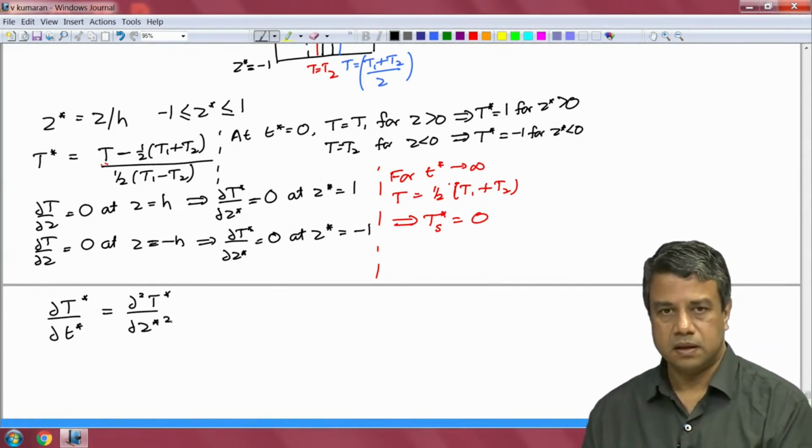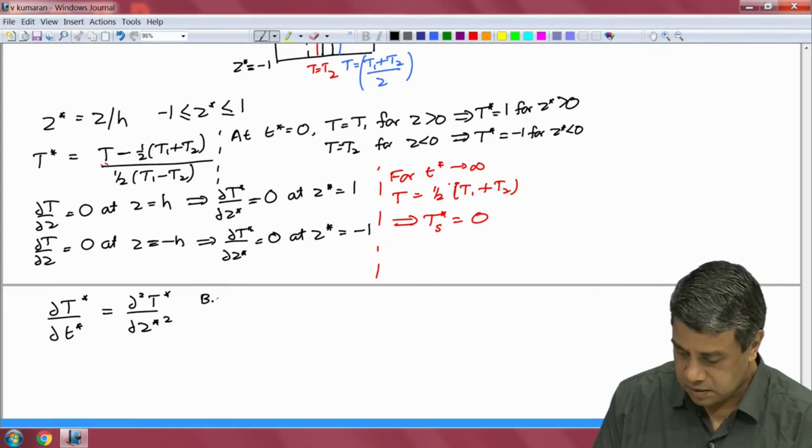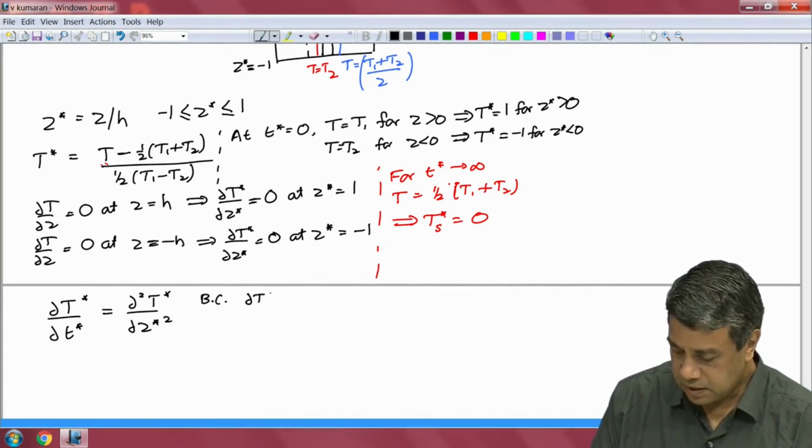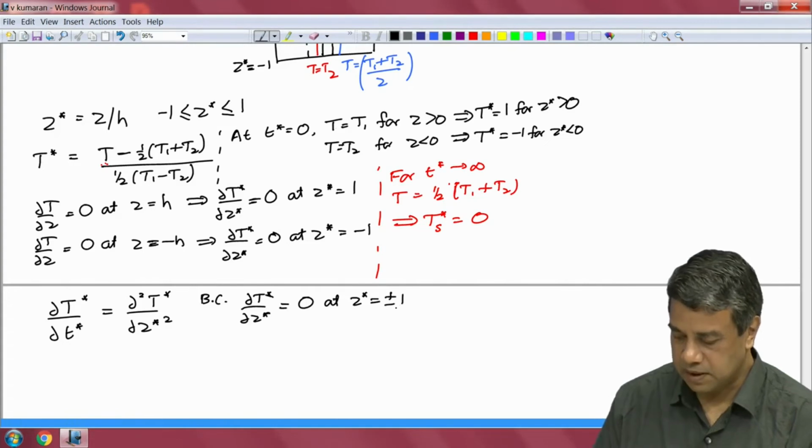The boundary conditions: partial T by partial z is equal to 0 at the top and bottom surfaces, both plus and minus 1.